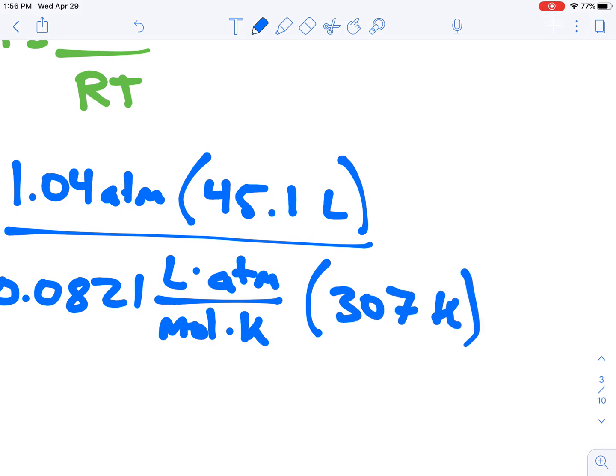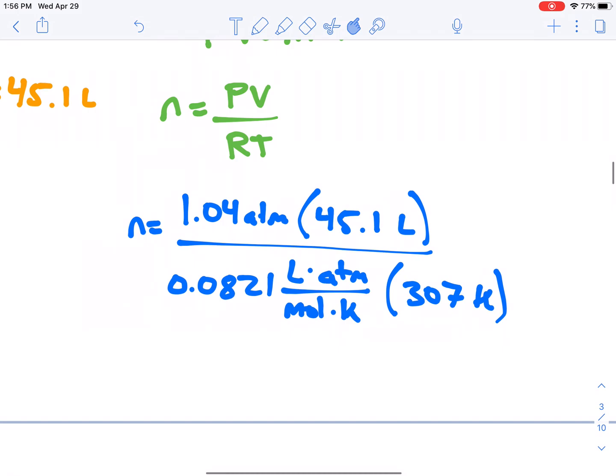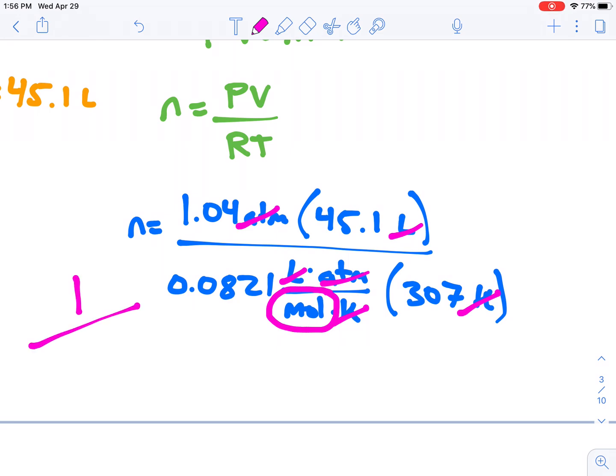So let's look at our units. Unit-wise, in the very top numerator, we have ATM, and we have ATM in the denominator. We have liters top and bottom as well, and then you have a Kelvin in the numerator and a Kelvin in the denominator. So we cancel everything else, but we're really left with moles, right? But that moles is in the bottom of the denominator. So said another way, if I get rid of all the numbers, unit-wise, I have 1 in the numerator over 1 over moles.